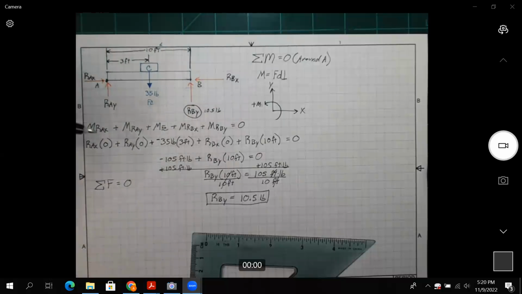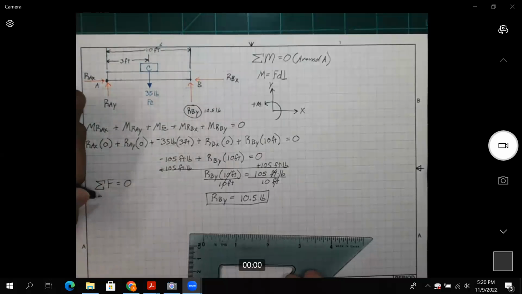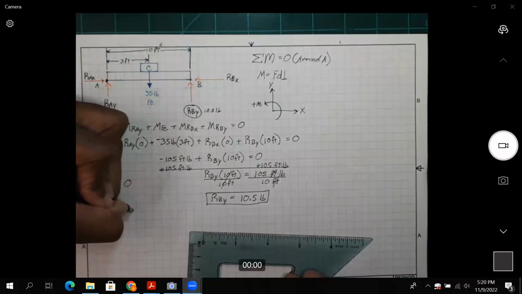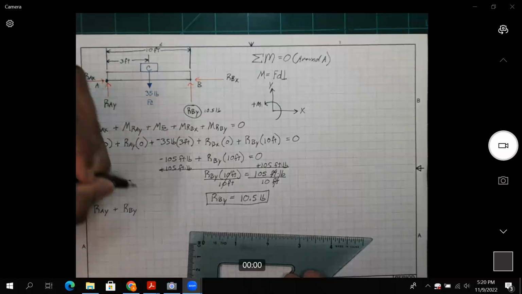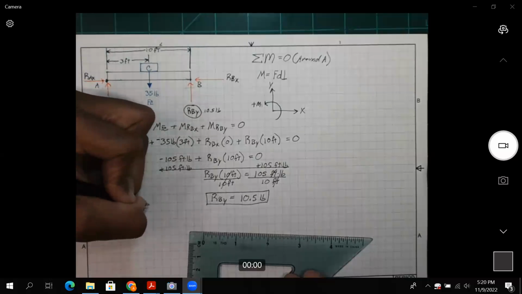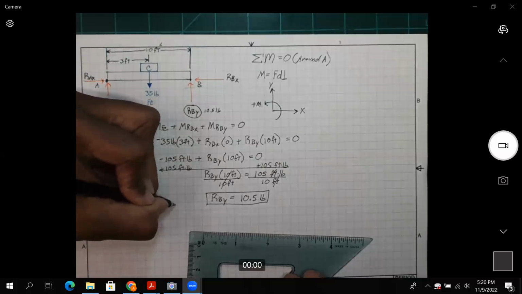Okay, so if I wanted to find the reaction force AY, we can just simply take all of our forces. So we have force RAY, and the sum of our forces must equal 0. So we have another force at BY. We have another force at force C. Those must equal 0.